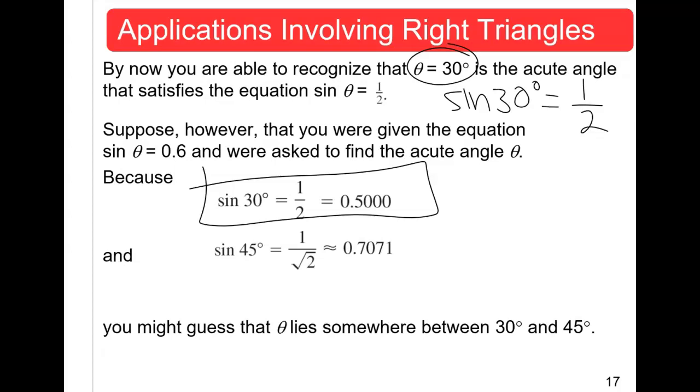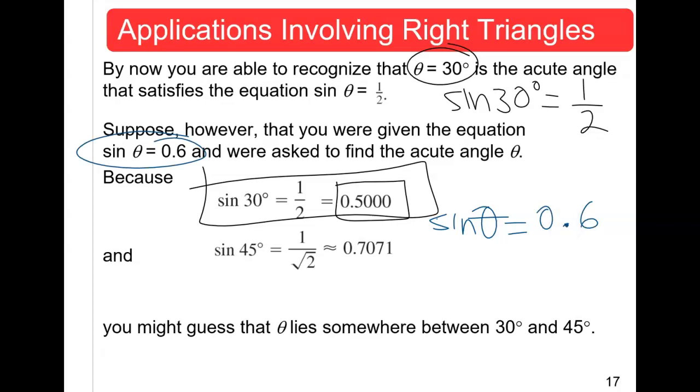So suppose, however, that you were given an angle that is not as common as 30. Then it will be a little bit trickier. So let's see. First of all, here they're using, instead of 1/2, they're using 0.5. And so let's say that they tell us the sine of some angle that we don't know, and we're going to call it theta, is equal to 0.6.